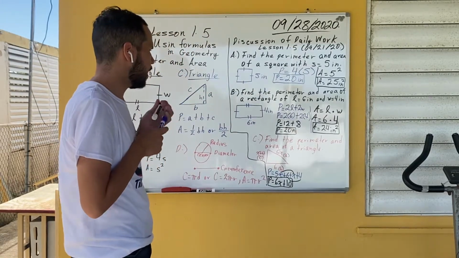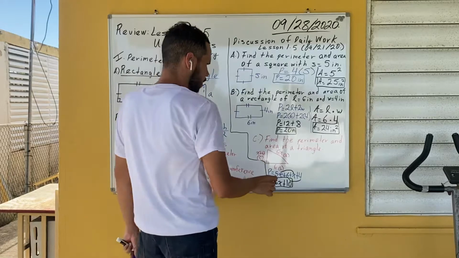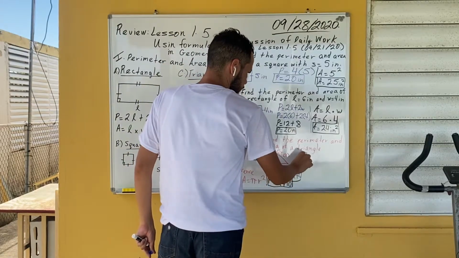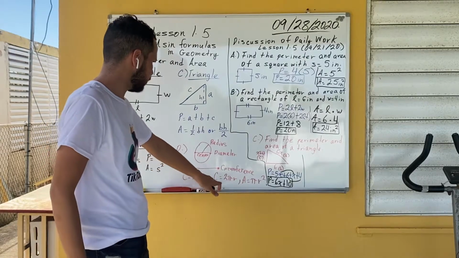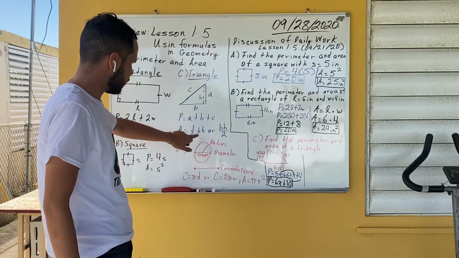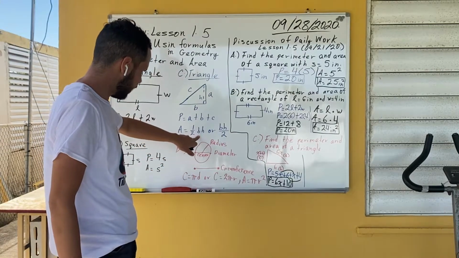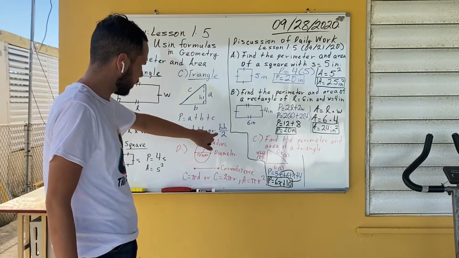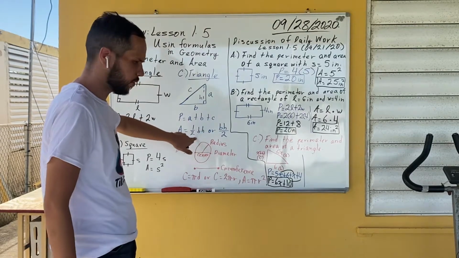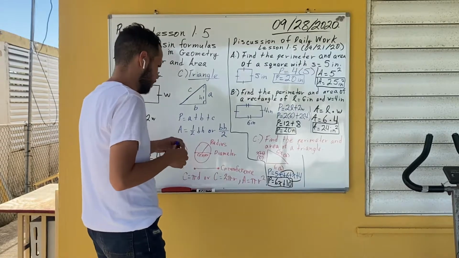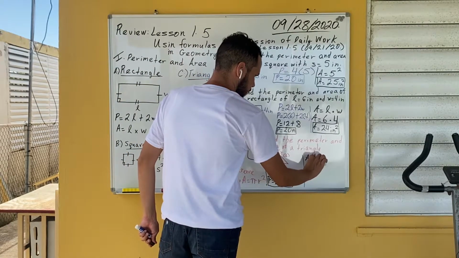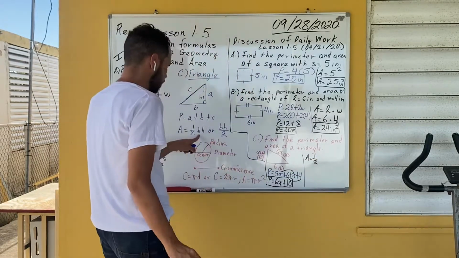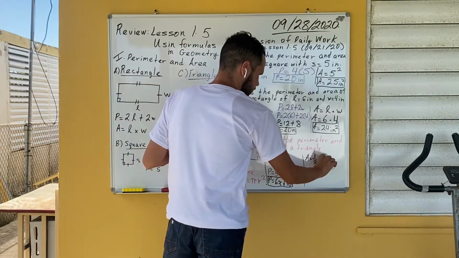Okay? So now let's find the area of a triangle. And now I'm going to use either of those formulas, sorry: 1/2 times the base times the height, or I can use this one. I'm going to use the first one. Okay? So it's going to be area 1 is equal to 1/2 times the base times the height.